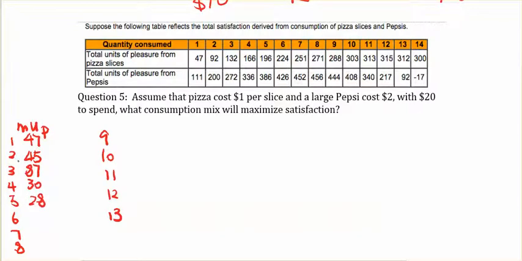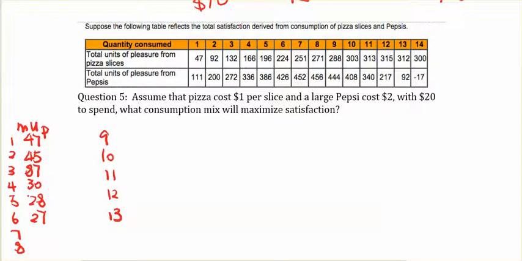And the next, 251 minus 224, and you get 27. So you can find all the marginal utilities are larger than 0, but they keep decreasing.